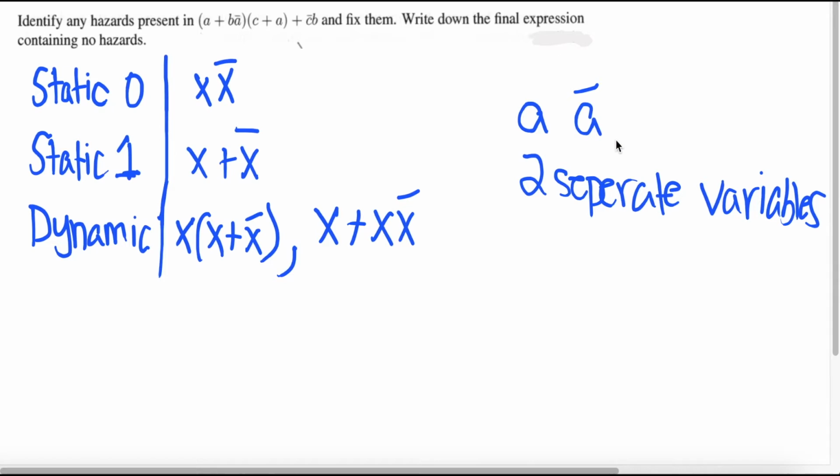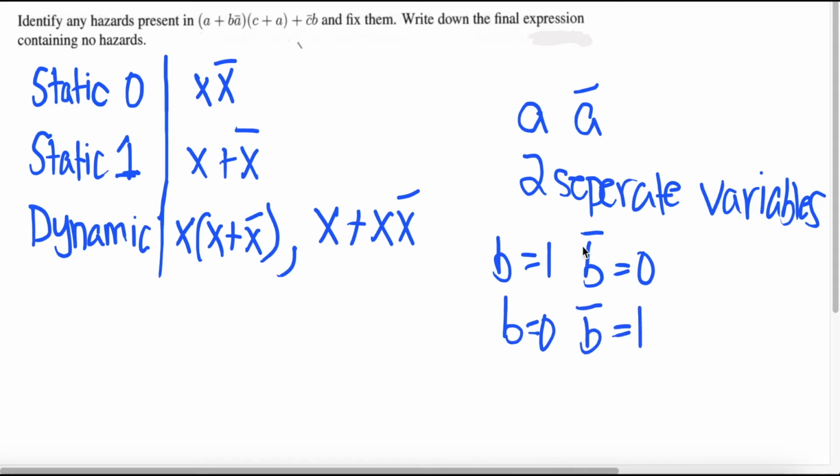And it's important to know that A bar is just the opposite of whatever we tell A to be, or B bar is just the opposite of whatever B is. So for example, if B is equal to 1, then B bar is equal to 0. Or if B is equal to 0, then B bar is equal to 1. So the bar variable is always the opposite of the initial variable. That's important to remember while we get into these problems.